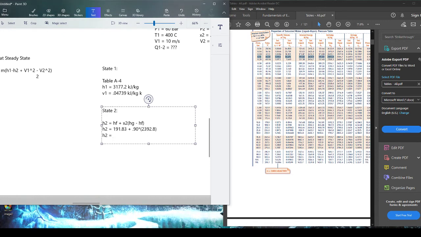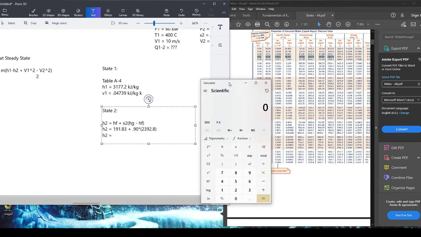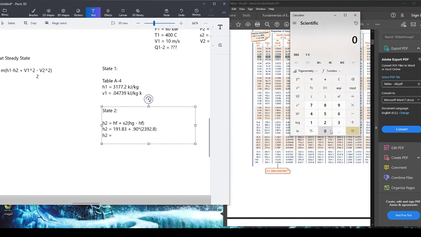And so, now I have to pull up the old calculator. So we have 0.9 times 2392.8 plus 191.83. 45.35.